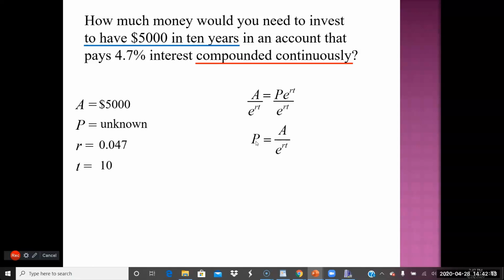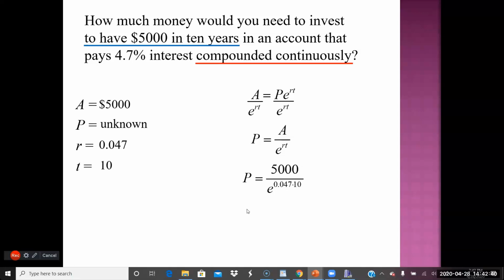So we have P, our principal, equals A over e to the rt. Then just fill in what we know. We have 5,000 for A. Our r is 0.047 times 10.